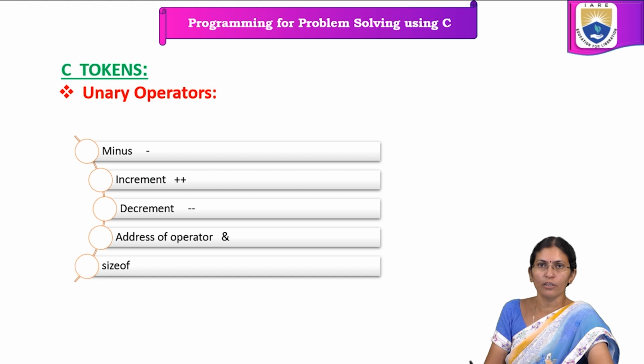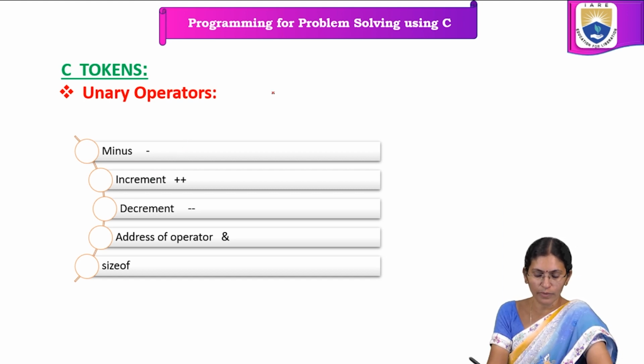Coming to unary operators, these are the different operators which are applied on a single operand or variable. The first one is minus. There is also another minus which comes in binary operators, and both are different.